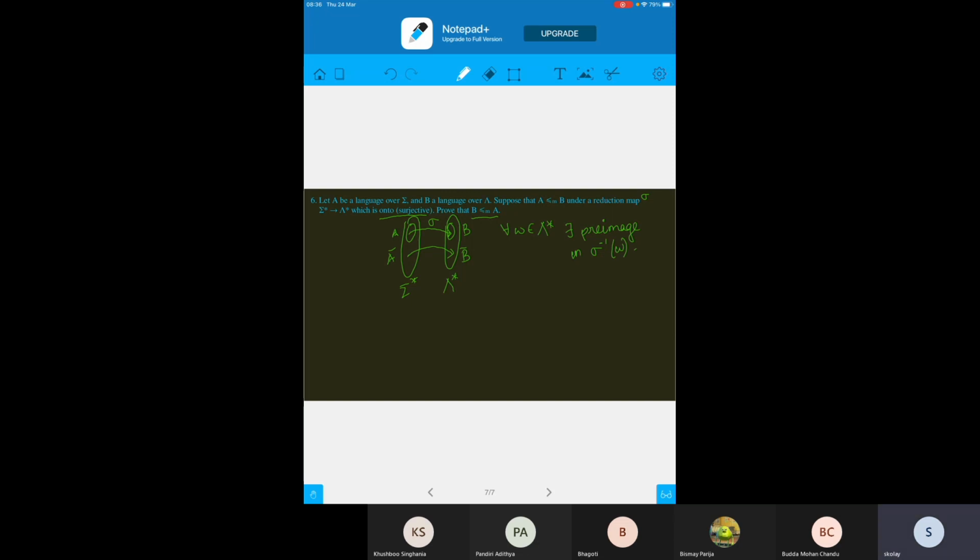So basically what we are asking is, if you have to prove B less than or equal to A, one way of doing it is to identify a pre-image and map each W to that pre-image, right?